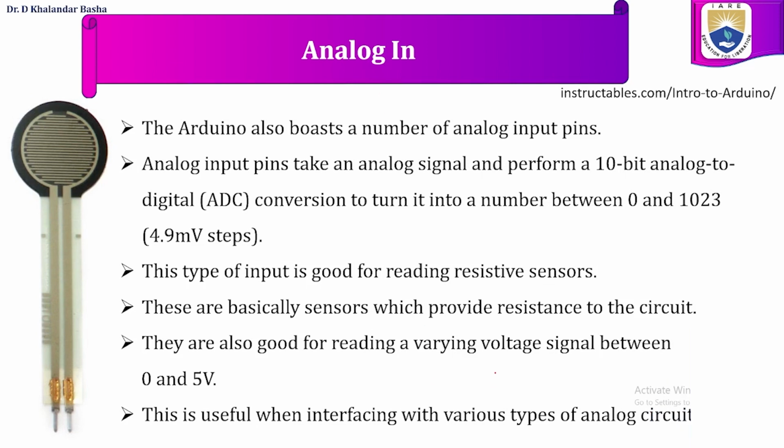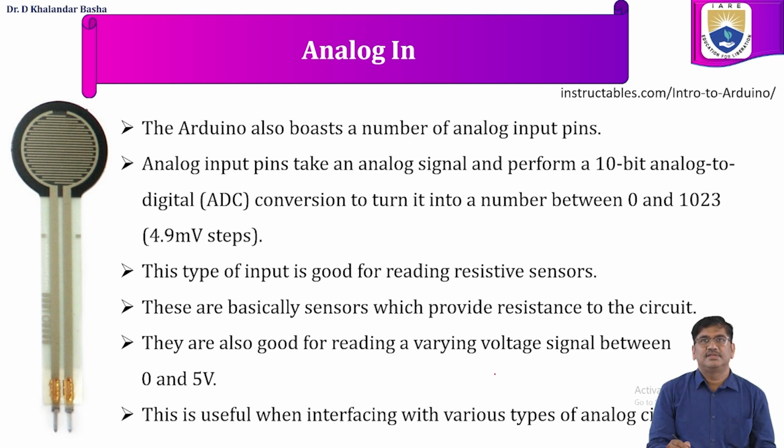Next, analog in. The Arduino boasts a number of analog inputs. The analog input takes an analog signal and performs a 10-bit analog to digital conversion to turn it into a number between 0 and 1023, that is, in 4.9 millivolt steps.